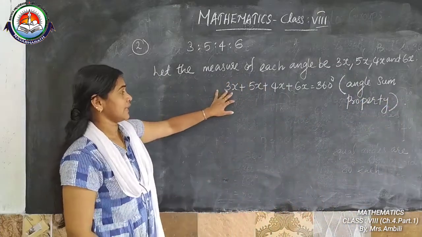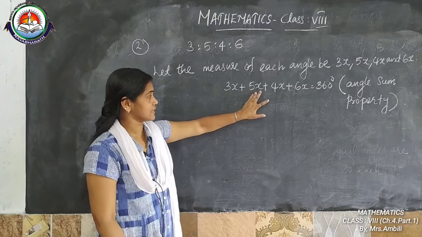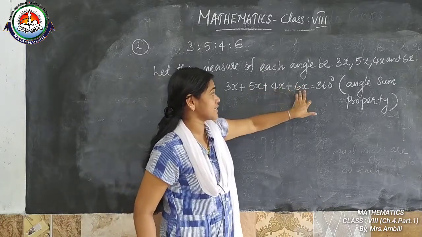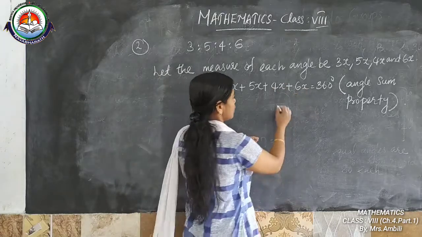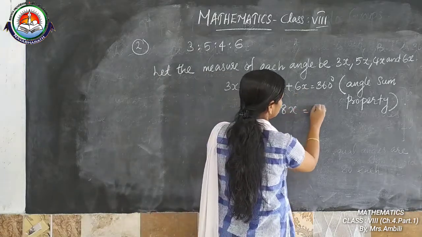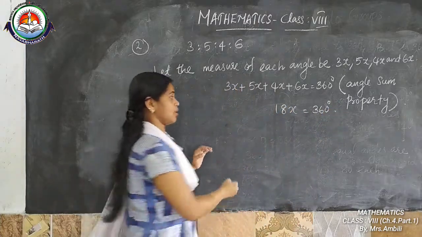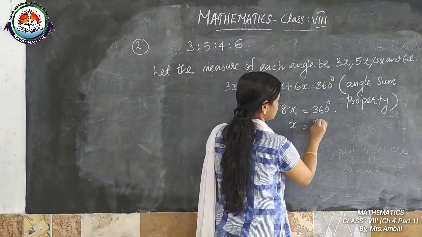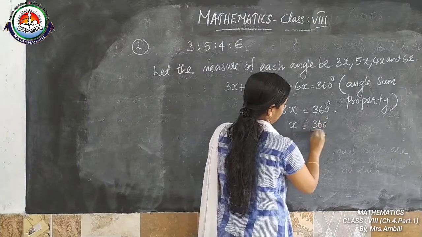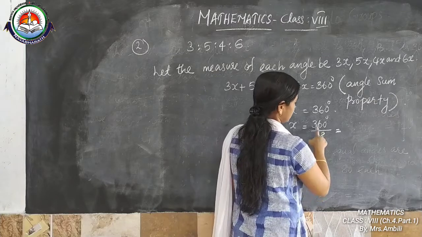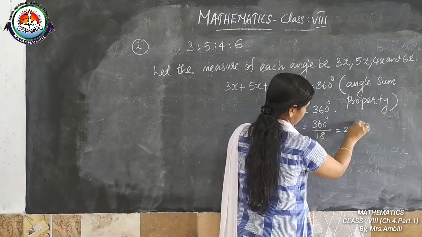Then what is 3x plus 5x? 8x. 8x plus 4x is 12x. 12x plus 6x is 18x. So 18x equals 360 degrees. Then x equals 360 degrees divided by 18, which is 20 degrees.